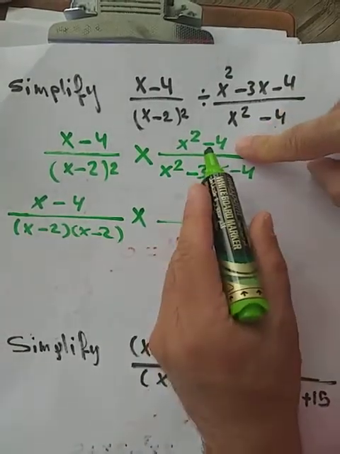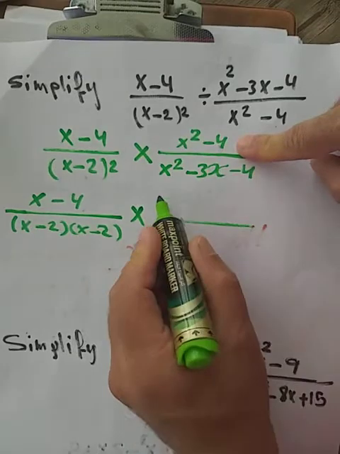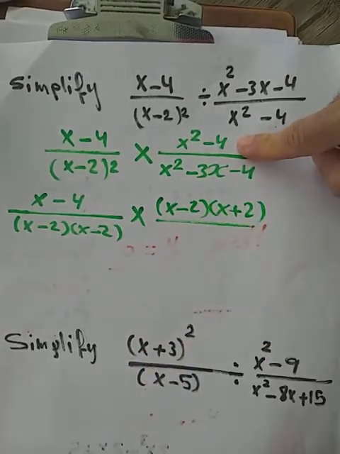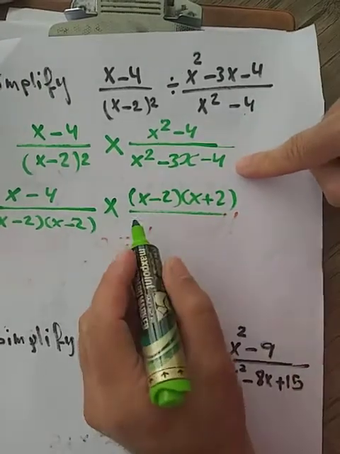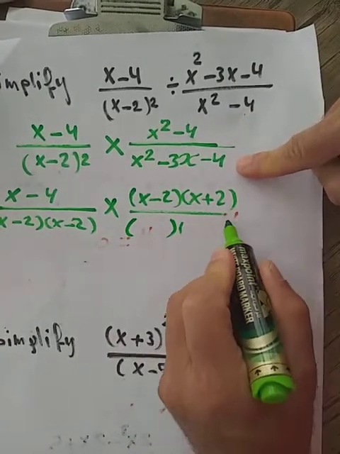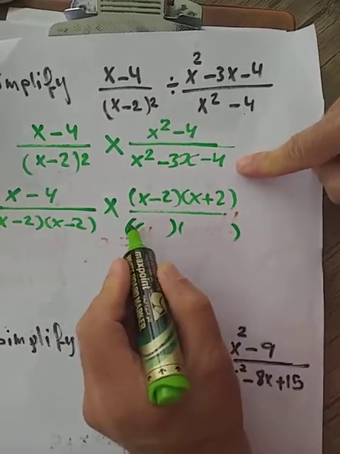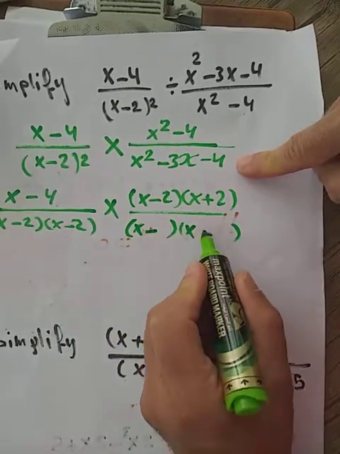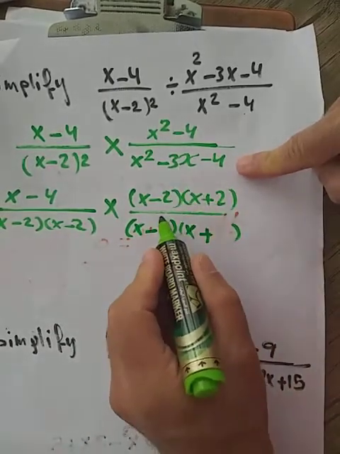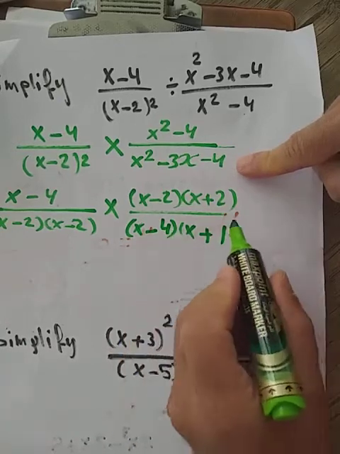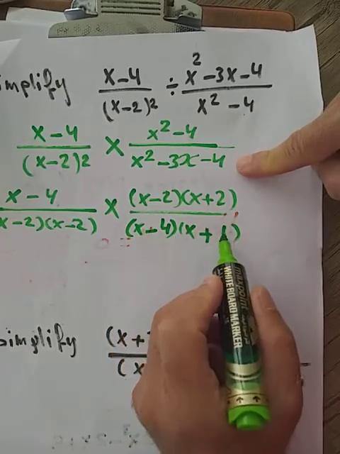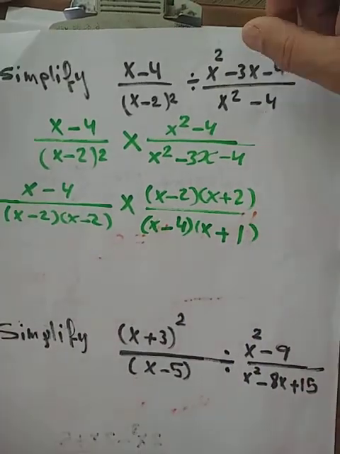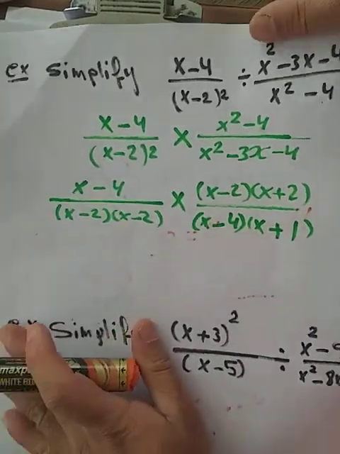Factorize this one. Difference between two squares, x minus 2, x plus 2. In the denominator, open two brackets by testing x, negative, positive. We have 4 and 3, 4 and 1. 4 times 1, 4. Minus 4 plus 1, minus 3. Yes, this factorizes. Factorizing in math is very important.